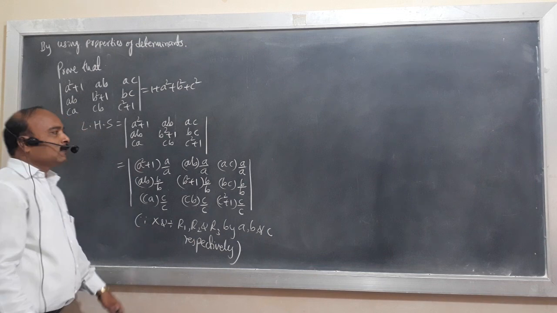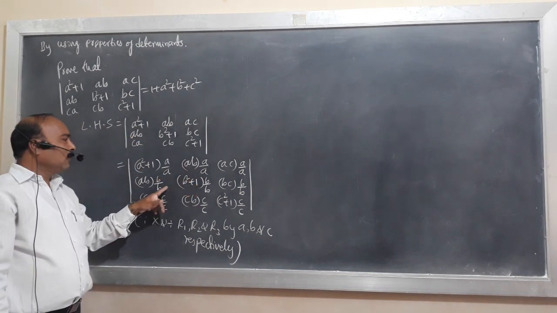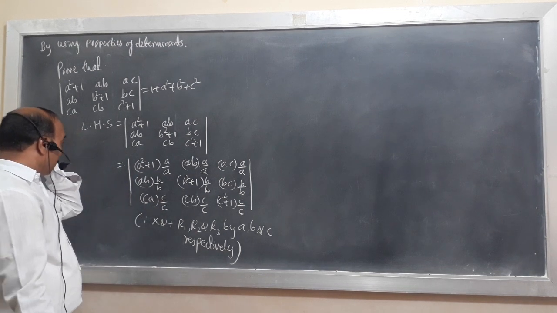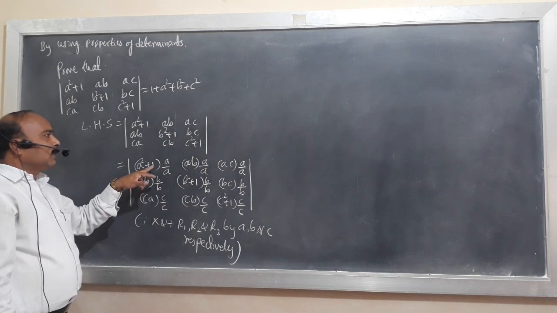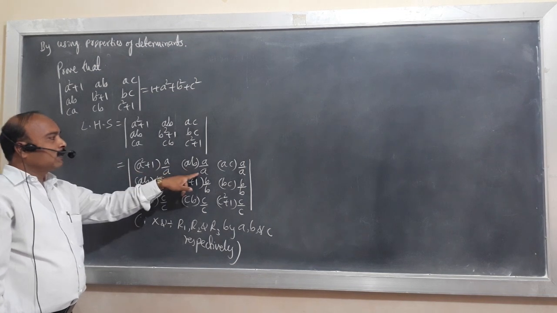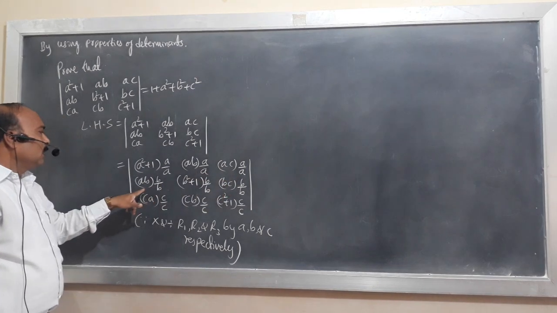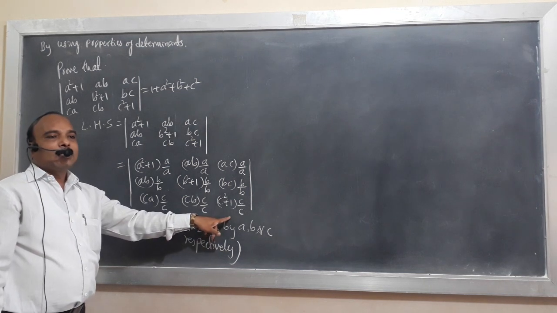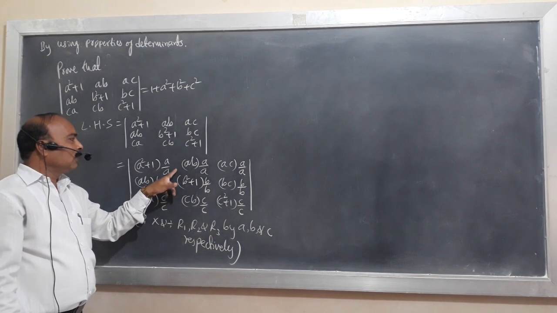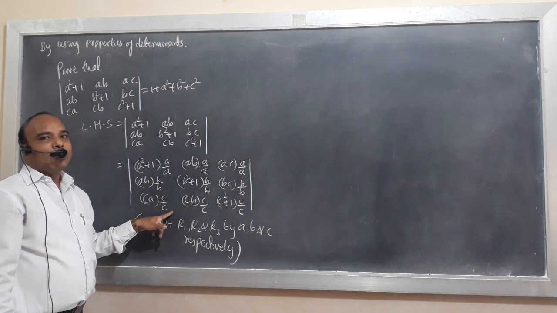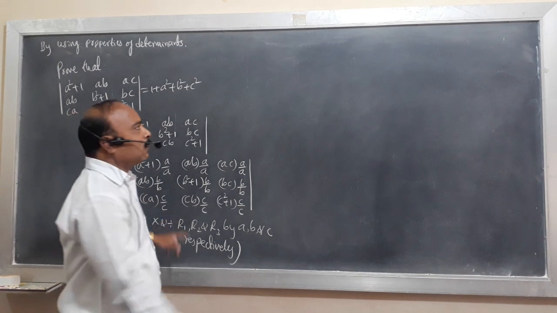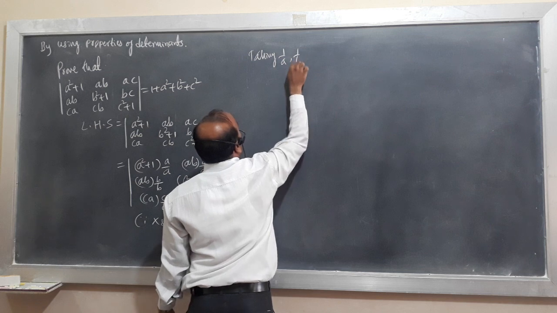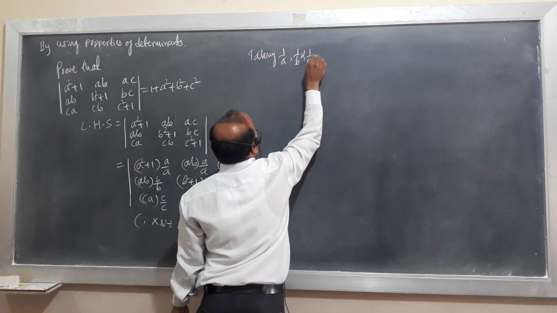Now we take the common term in each row: 1 by A is common for R1, 1 by B is common for R2, and 1 by C is common for R3. First I will take common terms 1 by A, 1 by B, 1 by C from R1, R2 and R3 respectively.